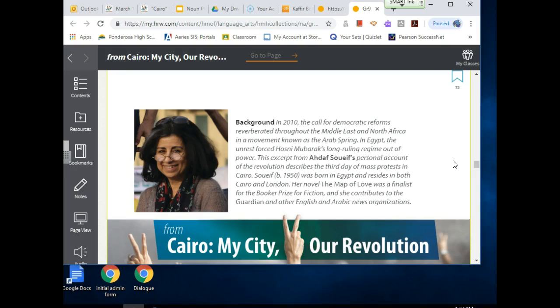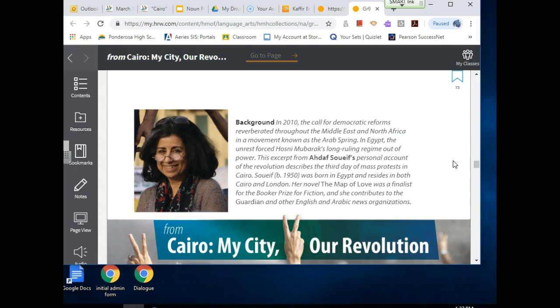Is this right? No. Wait, what page is it on again? Page 73. All right, are we all there?